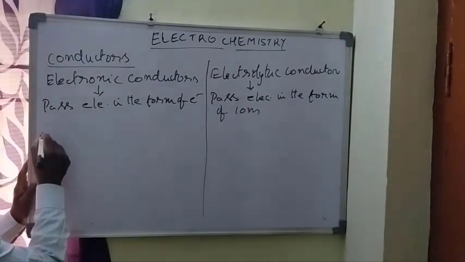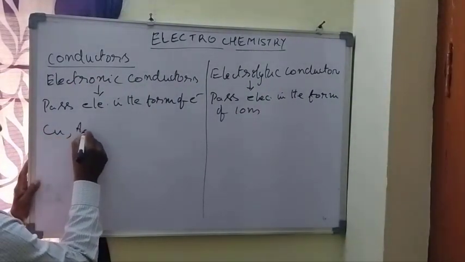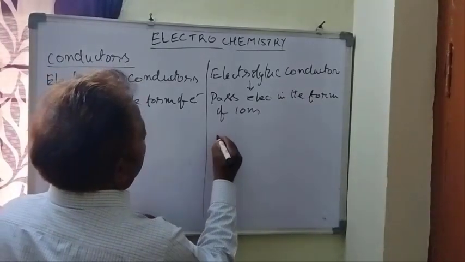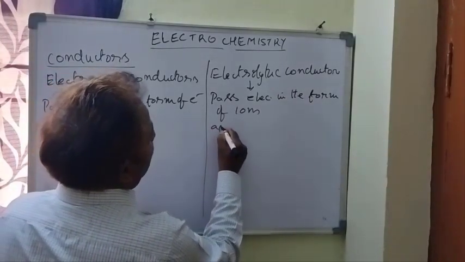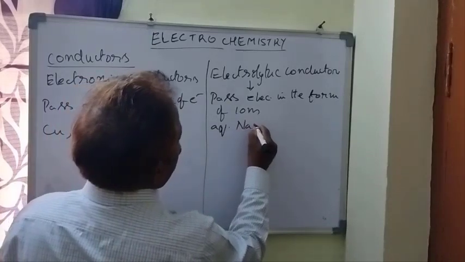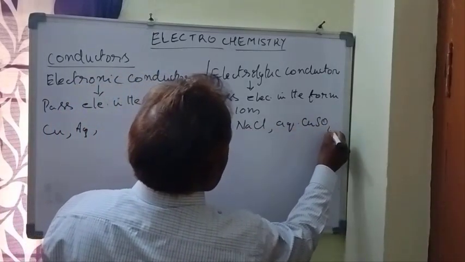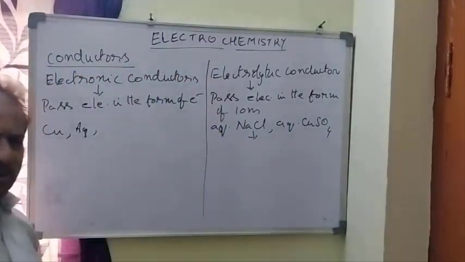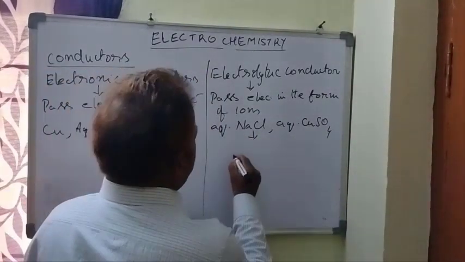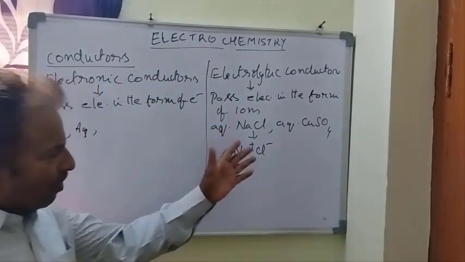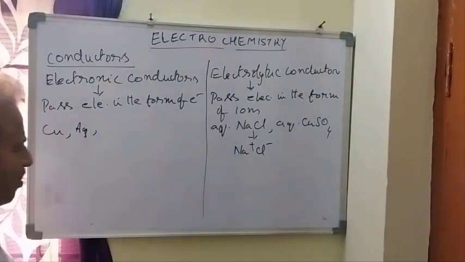For example, copper, silver and other metals are electronic conductors. Electrolytic conductors are, for example, aqueous solution of sodium chloride and aqueous solution of copper sulfate. When sodium chloride is dissolved in water, we get Na+ and Cl-, so in the form of ions, they pass electricity.